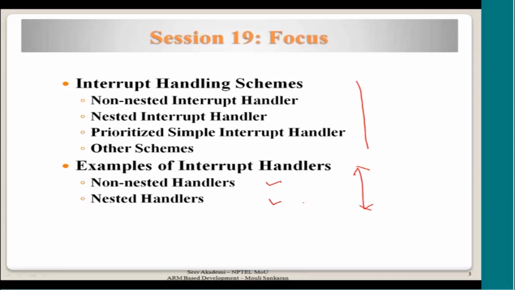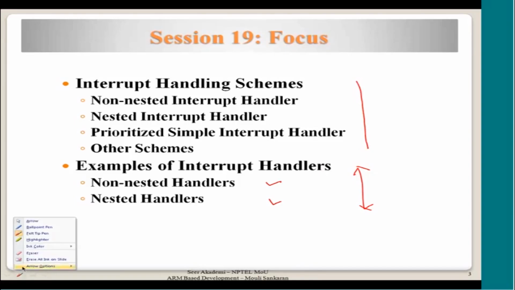They have given some sample code implemented for the remaining interrupt handlers. I urge you to go through them at your leisure. But going through this lecture and understanding these two implementations will help you know how it is implemented, and then you will be able to follow up with the remaining schemes.